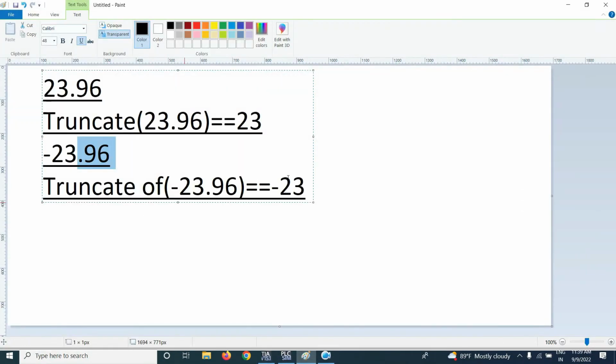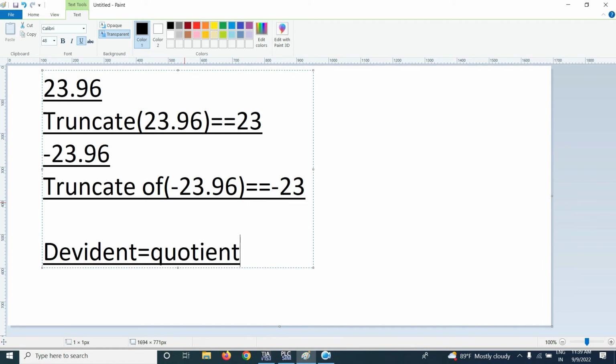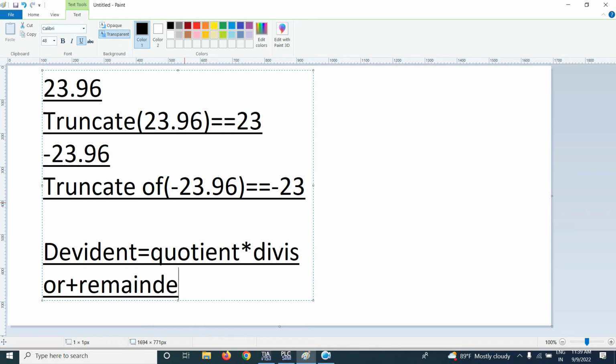As we know, dividend is equal to quotient multiplied with divisor plus remainder. That is our equation, which we already know.